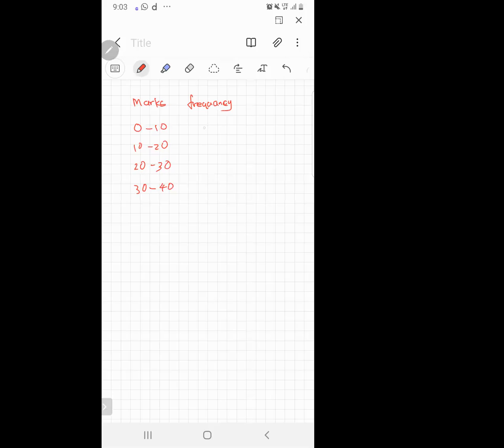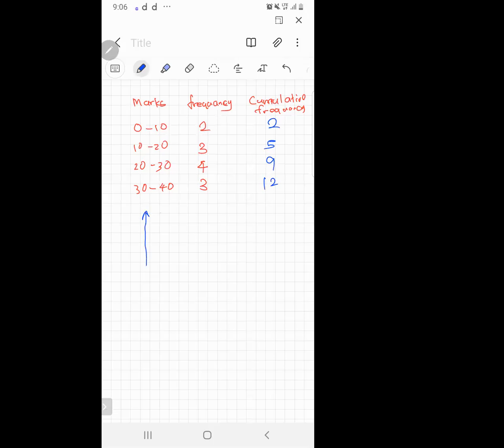Simple, simple graph. 2, 3, 4, 3. Right. Sketch the cumulative frequency graph and find the interquartile range. Cumulative frequency graph வரைஞ்சி interquartile range பார்க்கணும். 9 plus 3, 12.